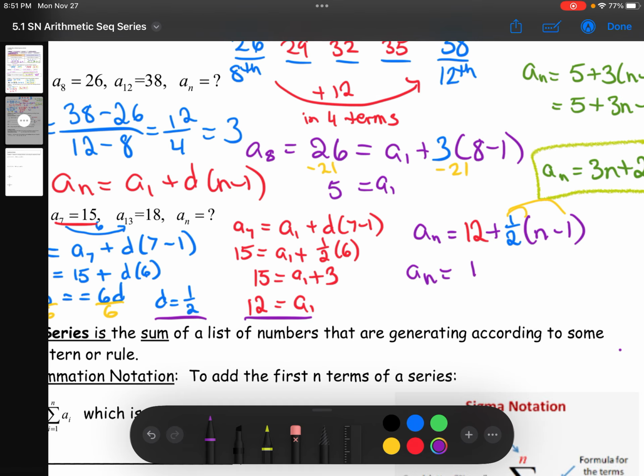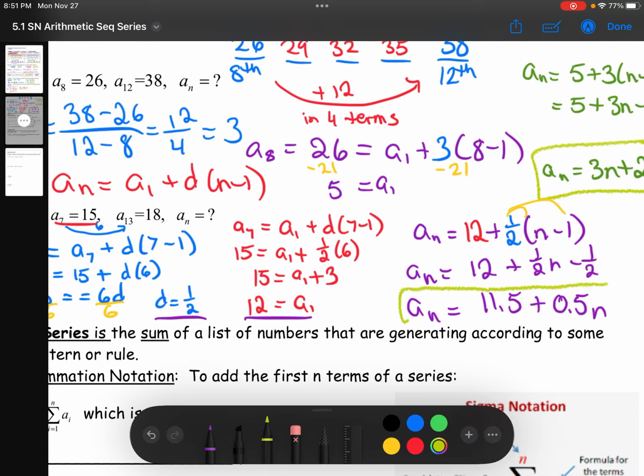And a sub n is 12 plus 1/2 n minus 1/2. 12 minus 1/2 is 11.5. So a sub n is 11.5 plus, I'm going to make that a decimal so they're all in decimal form, 0.5 n. If you wrote that as a 1/2 n, you are 100% correct. Either way here works.